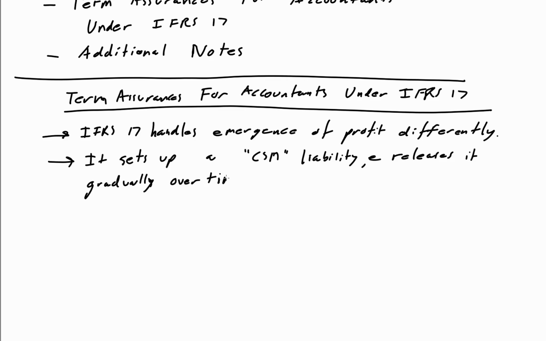So when this liability is released, the money that's coming out of it goes into your profit and loss account and emerges as profit.